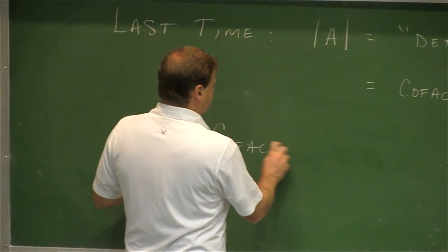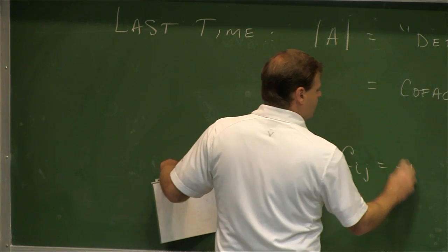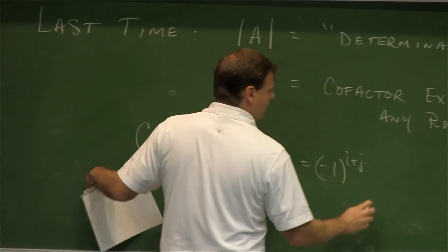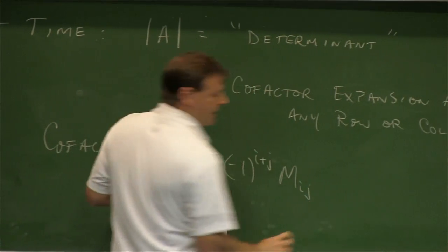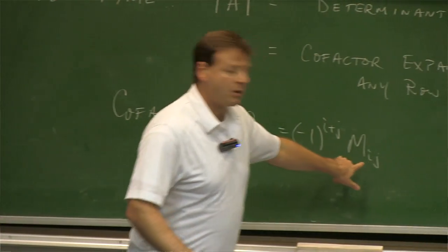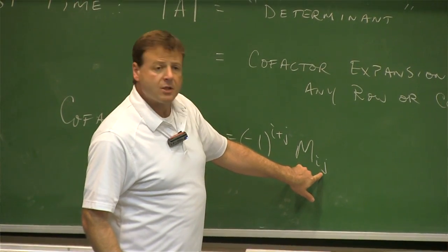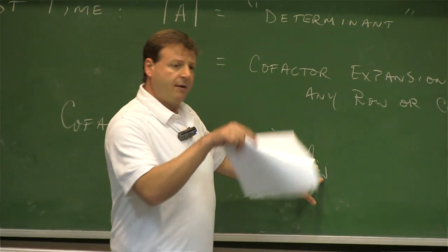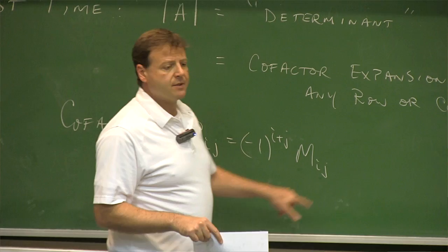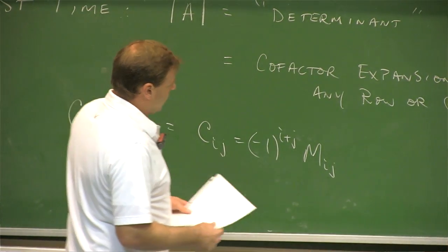The cofactor is Cij, which is (-1) to the i plus j, times Mij. And then Mij was this whole other determinant of a smaller matrix. This was the thing where you crossed off a row and a column, and then you had some leftover numbers. You took the determinant of that. So you can go back and look at your notes, but this is just an overview.